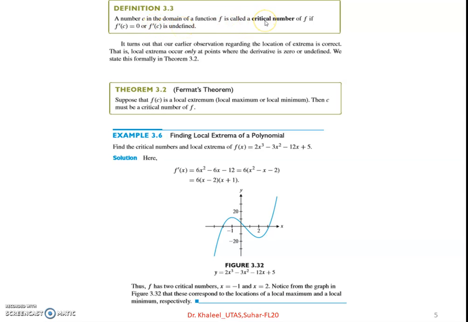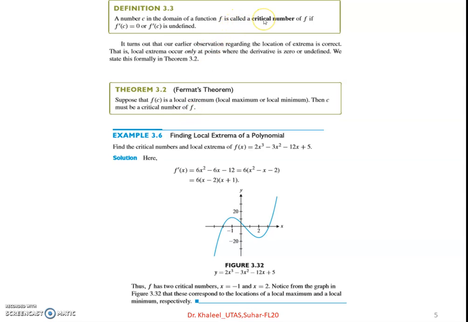And this critical number ultimately becomes the local extremum value, that means local maximum or local minimum, according to Fermat's theorem. What Fermat's theorem says is that if f(c) is a local extremum, then c must be a critical number of f.